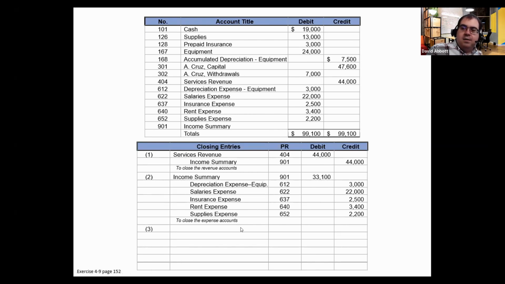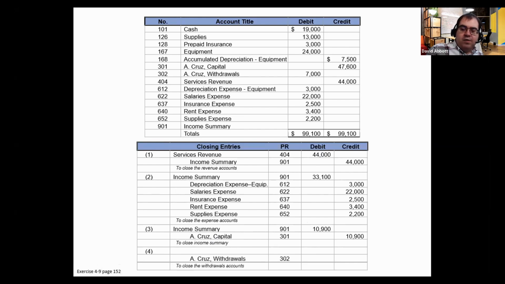And then we're going to go ahead and close out the income summary account. So the difference between this and this is 10,900. So we will debit the income summary 10,900, and then we'll credit A Cruise Capital 10,900 because we need to add the net income to the capital account.